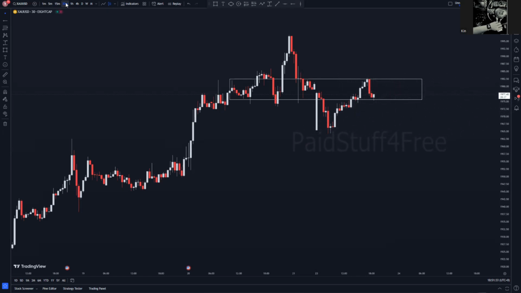We have this easy buy and this easy sell, but there is no solid answer to the question of when to set the BE, when to set the SL, because that is subjective, and we need to be flexible with this one. I know you guys are sick of me saying be flexible, but it is what it is.